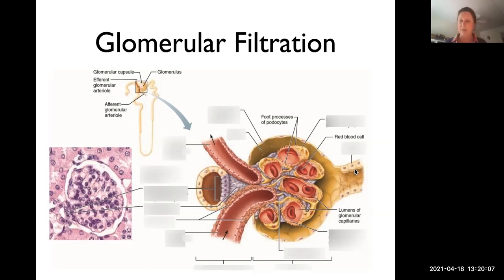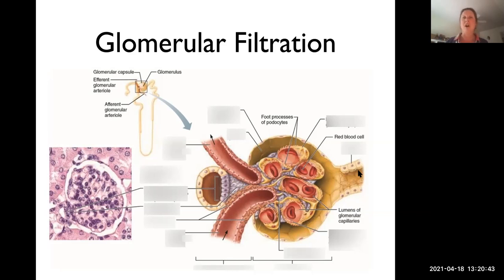And the cells here, which you can see are lined with brush border so that they have lots of surface area to pull the good stuff back in, these cells can be overwhelmed by having too much filtrate pass through them. It's like having a conveyor belt in front of them that's going too fast and they can't pick out all the useful substances. So if GFR is too high, then we end up losing useful substances. They pass right through, we don't have a chance to bring them back into the body, and they go into the urine.